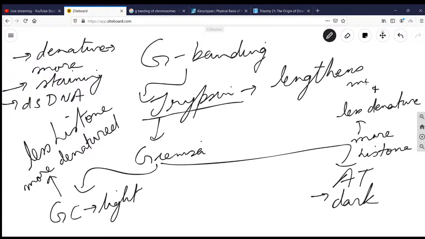Therefore more binding will happen. So it will stain dark here and light there. That is how I'll get the heterochromatin and euchromatin region, or gene rich and gene poor region.